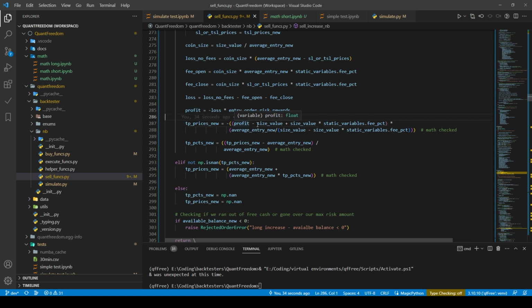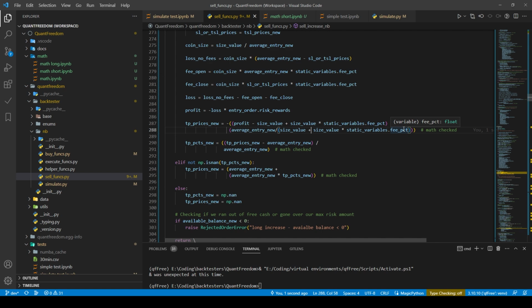So we have profit minus size value plus size value times your fees. Then we're going to multiply that by your average entry, divide that by your size value plus the size value times the fees.